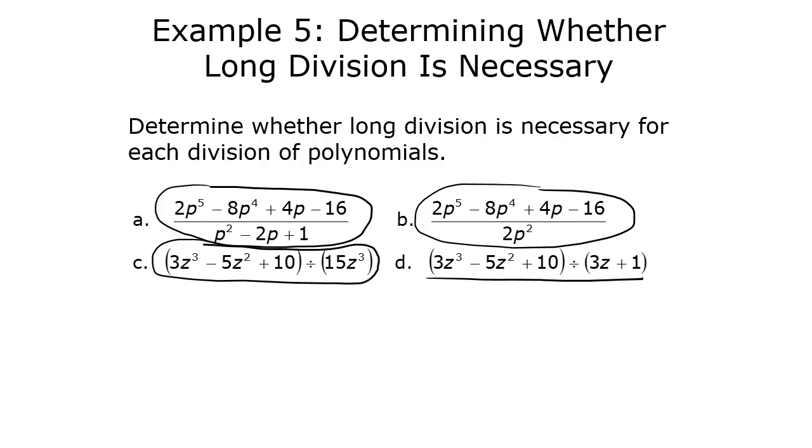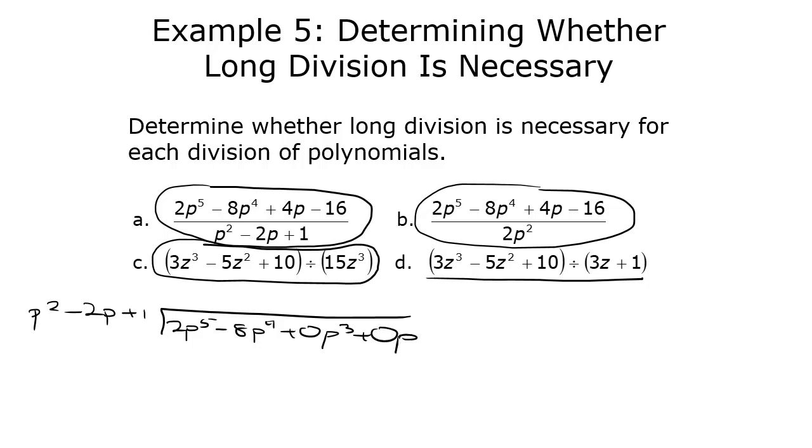But this one, same process, right? P squared minus 2p plus 1 is going to go into 2p to the 5th minus 8p to the 4th plus 0p cubed plus 0p squared plus 4p minus 16, right? We still have to put all those placeholders in there.